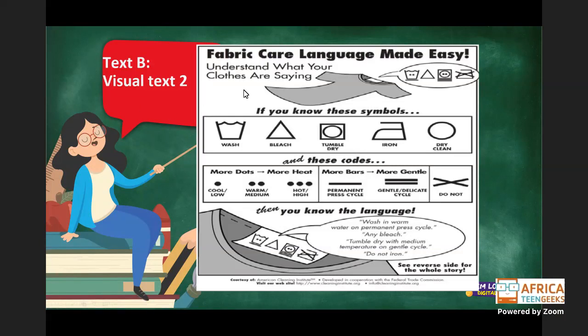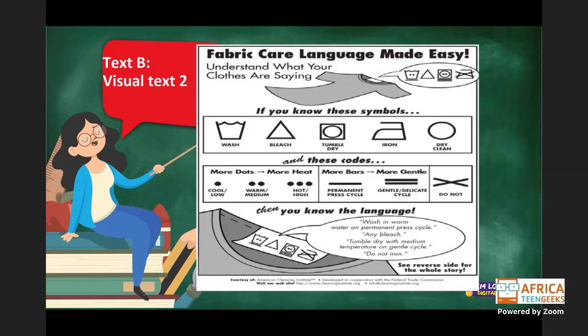We will talk about the steps that we have to go through in writing visual text comprehension, and I'll walk you through the different steps.